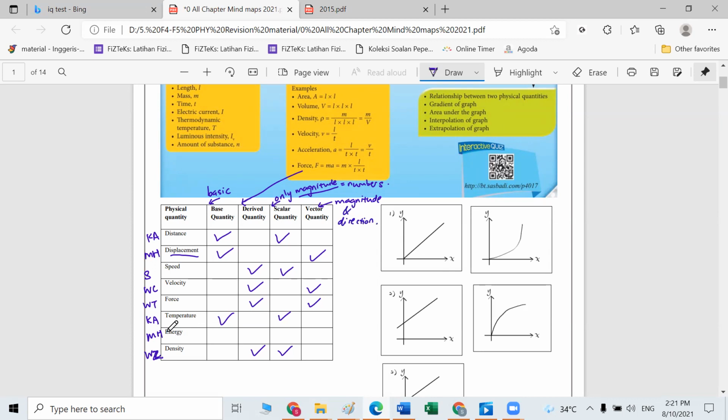Okay, so Minh Hong, energy is base or derived? Energy, it's derived because energy actually is work done. Work done equals force times displacement. Force times distance or displacement.